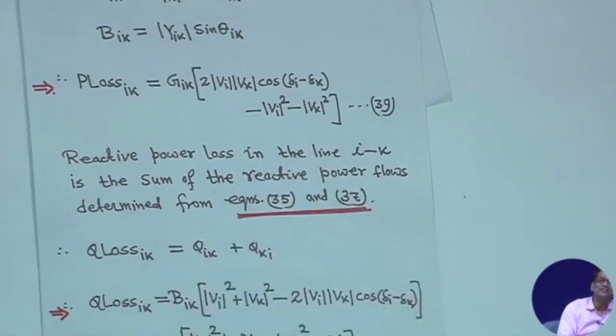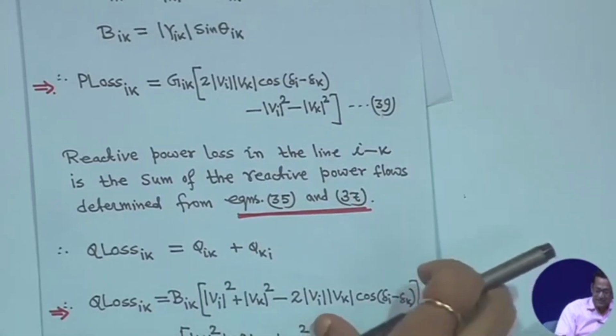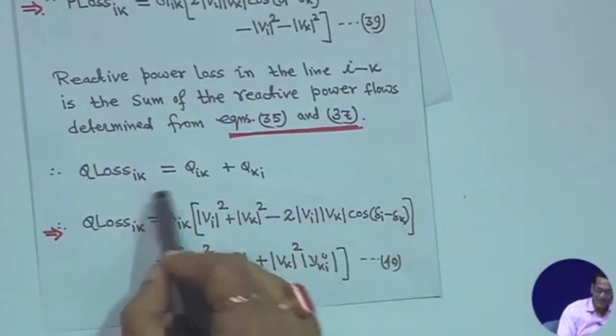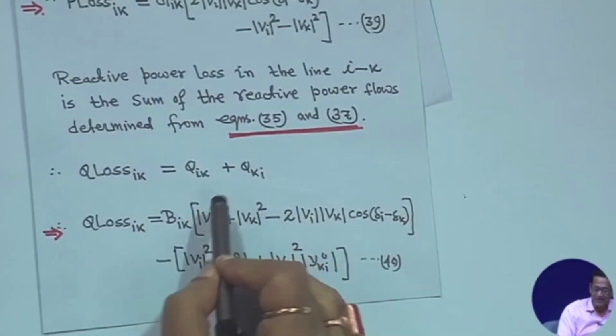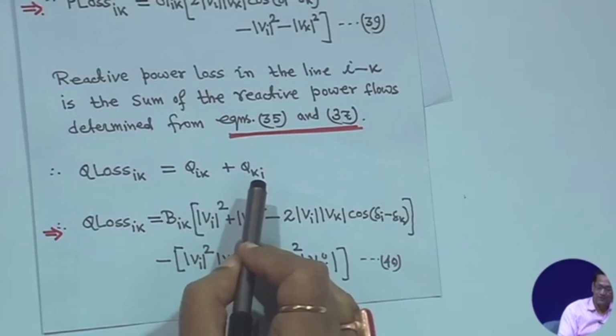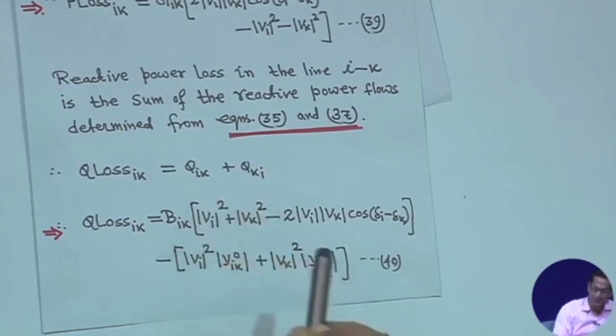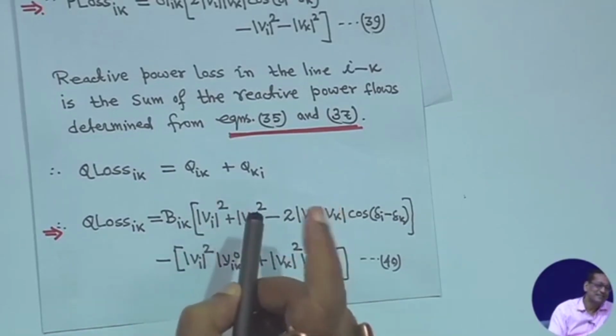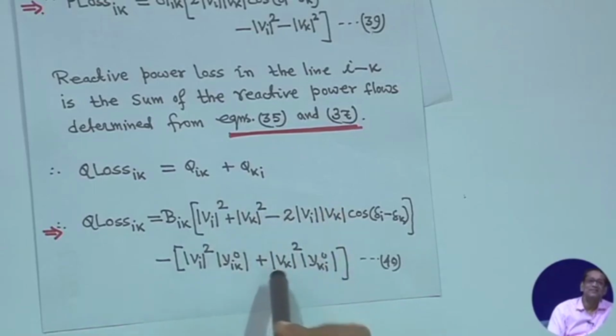Later, if time permits, at the end I will try to tell you. Similarly, for Q loss_ik, you add Q_ik plus Q_ki, both known to you, and simplify. Only in this case the charging admittance term will be there, because that is the reactive component.